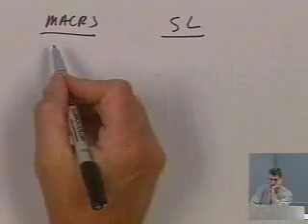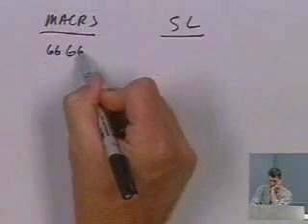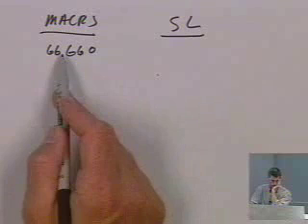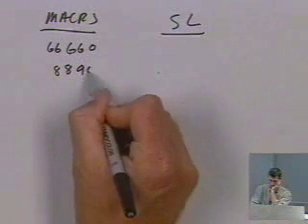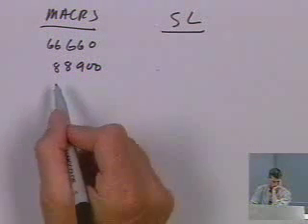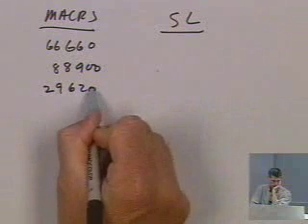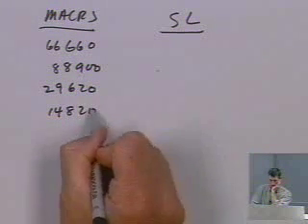For MACRS, it would be $66,700, doing some rounding, in the first year, which was 33% of $200,000. $88,900 in the second year. $29,620 in the third year, and $14,820 in the fourth year.